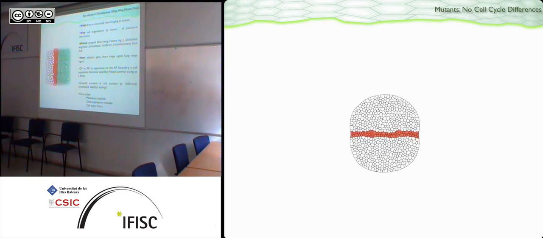So the cell cycle length is different in the cells that belong to the organizer or in the cells that are in the compartments. And we want to understand that, or how it is actually playing any role in the stability of this structure.